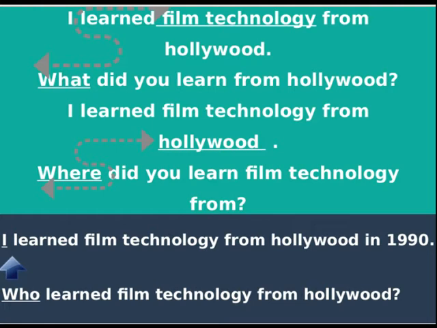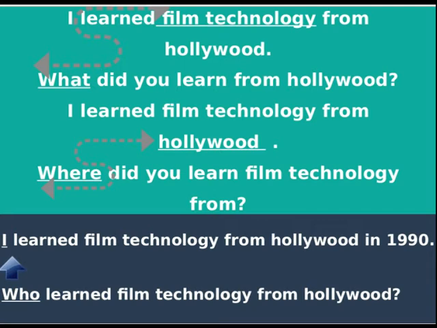So the place, Hollywood indicates a place. So where is the question word. In the next example, you can see I is the underlined answer. So the apt question word is who. Suppose the underlined one is 1990. In 1990, what will be the question word? It should be when. Okay.